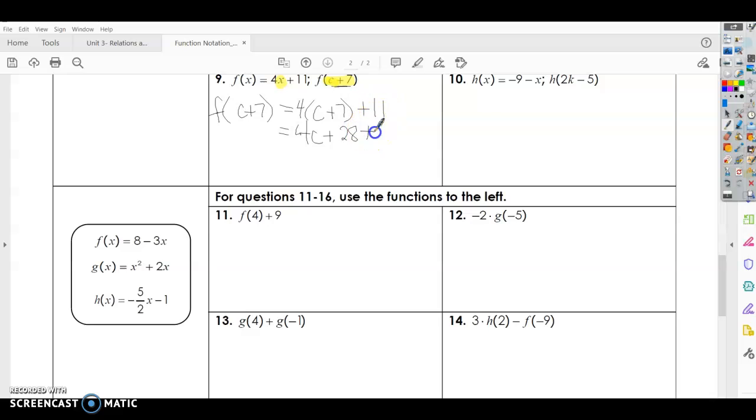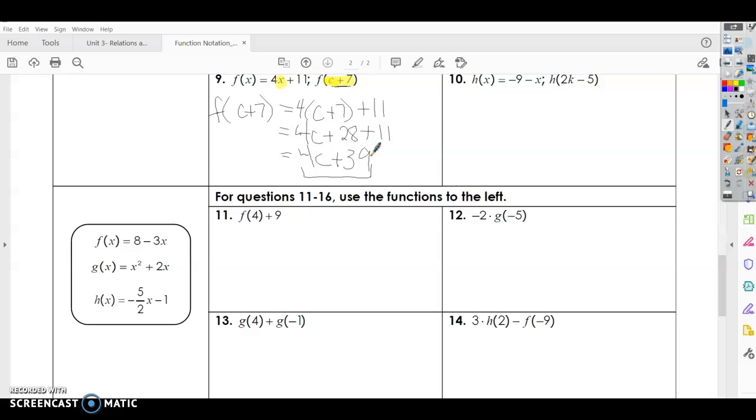And then bring down the plus 11, and then combine like terms. We don't have anything to combine the 4c with, so it comes down. And 28 plus 11 becomes 39. So when you input c plus 7 into your function, you get 4c plus 39 out. So that would be your output.